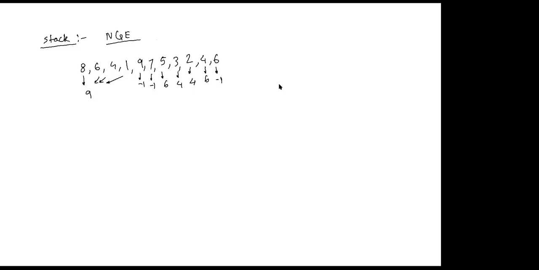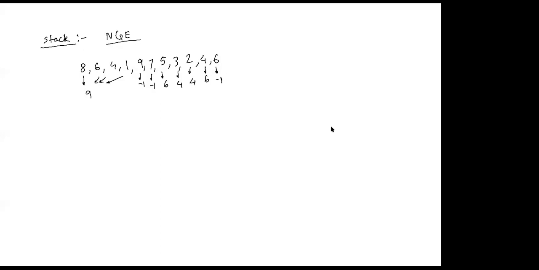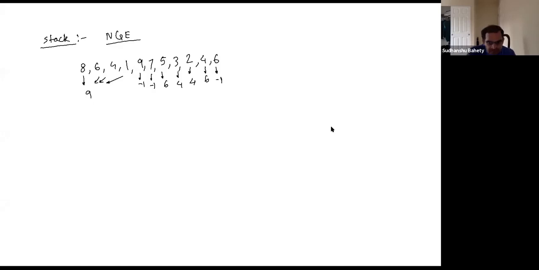Sir, I could not see how to use a stack. All I could think was we traverse the array for each element. Okay. So what was the complexity for your question? Sir, it can be up to n square because we are traversing the array for each element till we find the next greater. Okay.